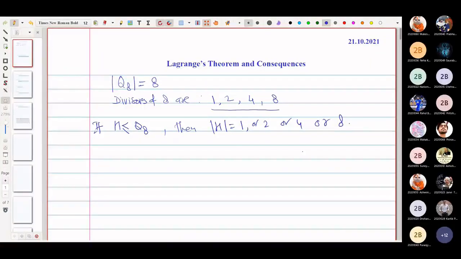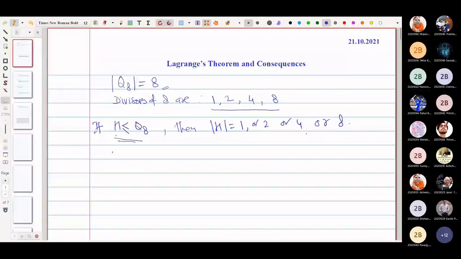But the converse need not be true: corresponding to each divisor of 8, we need not have a subgroup of that particular order. We have an example in favor of that.